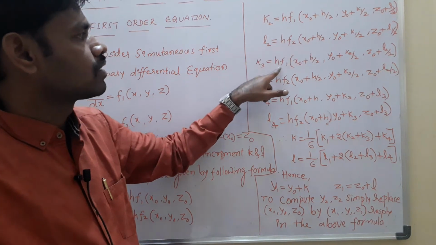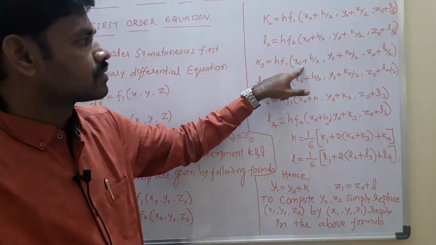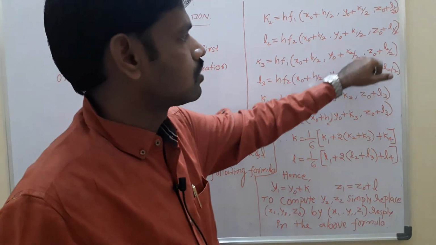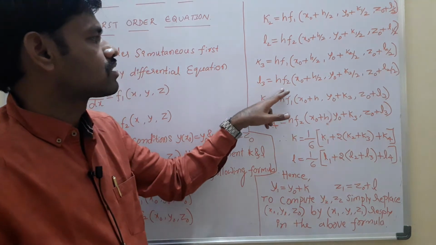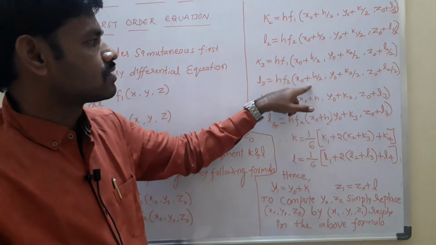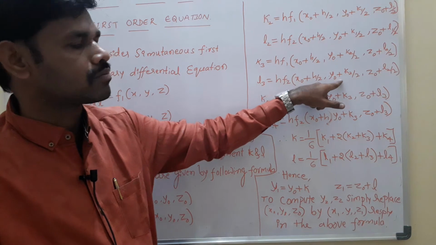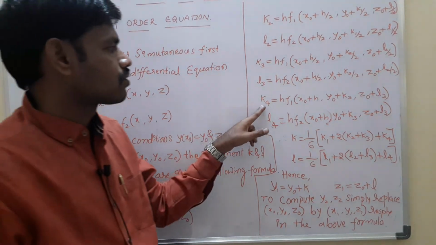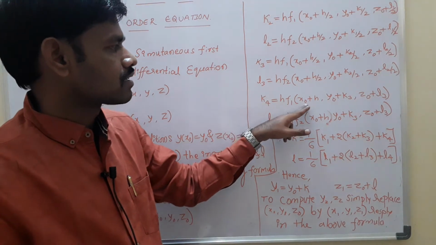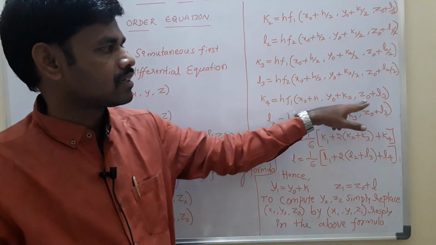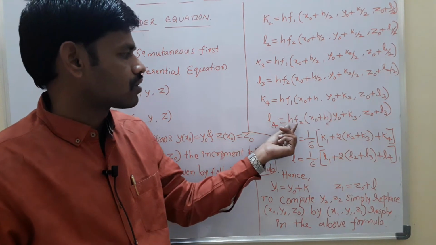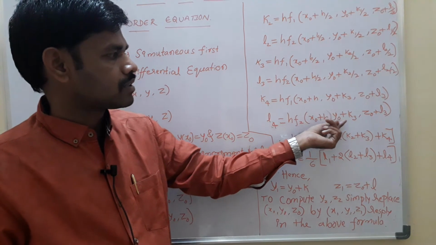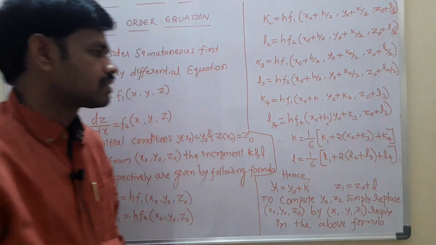And k3 equal to h f1 x0 plus h by 2, y0 plus k2 by 2 and z0 plus L2 by 2 and L3 equal to h into f2 x0 plus h by 2, y0 plus k2 by 2 and z0 plus L2 by 2 and k4 equal to h into f1 x0 plus h, y0 plus k3 and z0 plus L3 and L4 equal to h into f2 x0 plus h comma y0 plus k3 z0 plus L3.